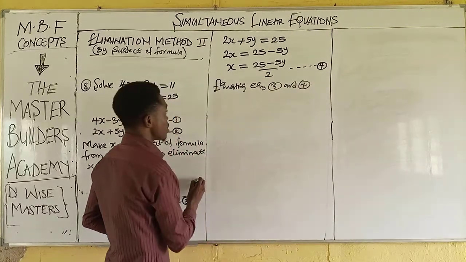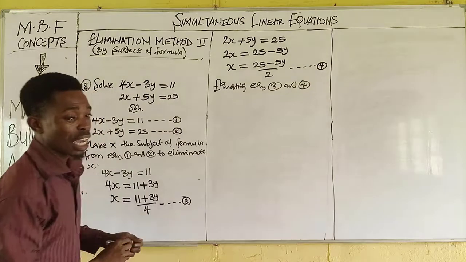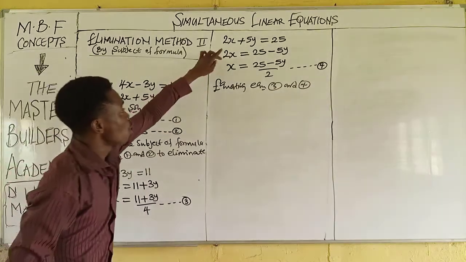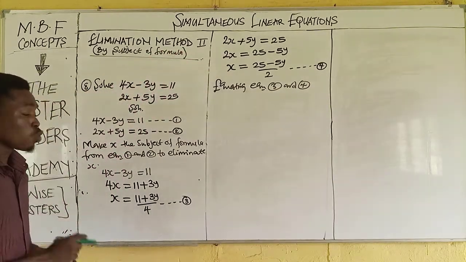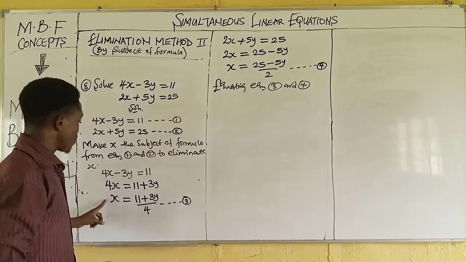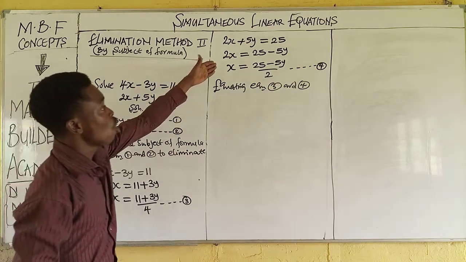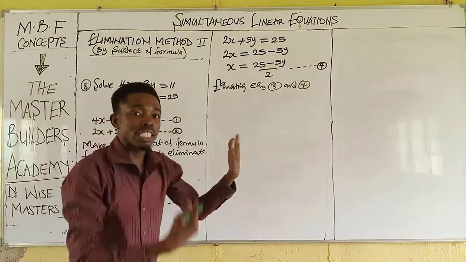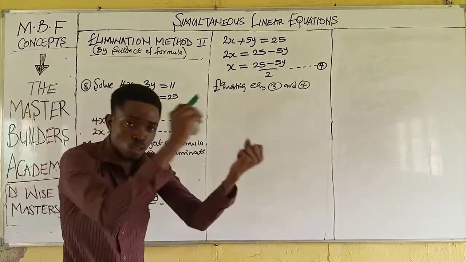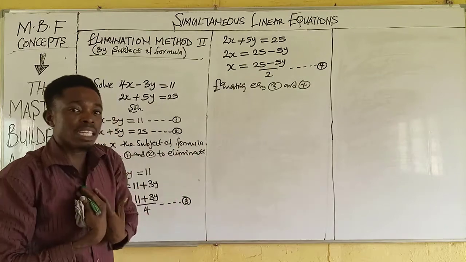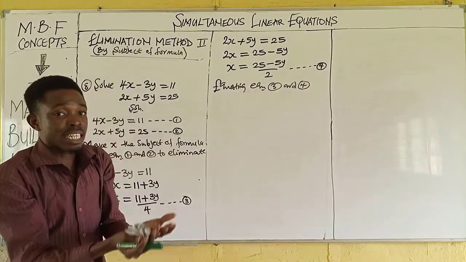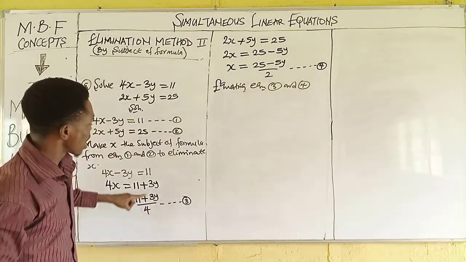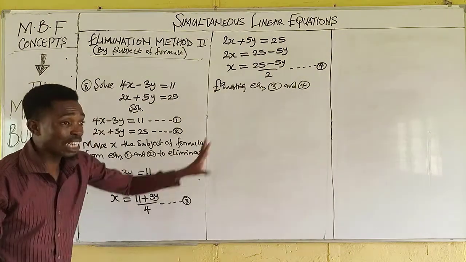Now guys, how do we equate equation 3 and equation 4? Of course, we see that the left hand side of both equations is x. The left hand side of equation 3 is x, and the left hand side of equation 4 is also x. That is to say, we can equate the left hand side and equally equate the right hand side. In this case, we are interested in the right hand side because we are eliminating x. So we will quickly equate the right hand side of both equations.